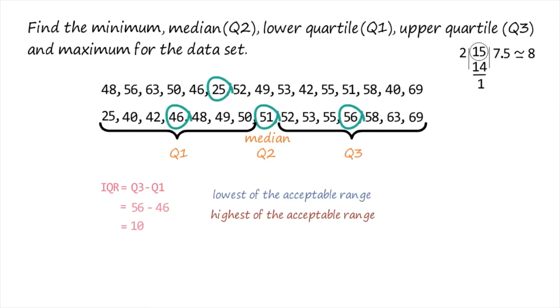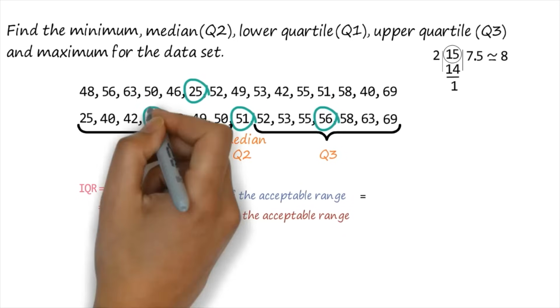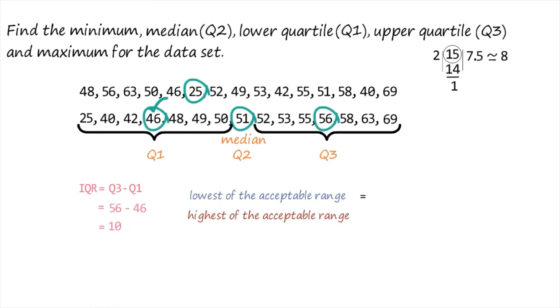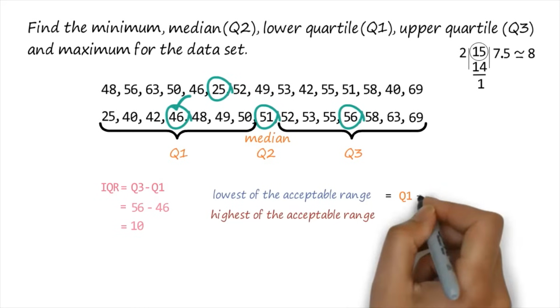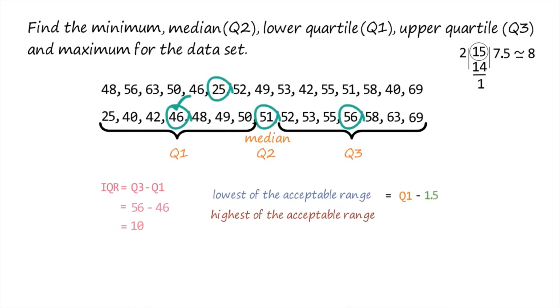So, in this case, how do we find the lowest of the acceptable range? Whatever value we got here, that is 46, I am talking about Q1. The formula is Q1 minus 1.5 into IQR, where 1.5 is a constant value. This is the formula for the lowest acceptable range. And how to find the highest acceptable range?